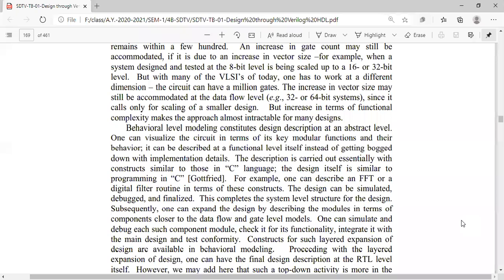What we can see here is that after doing all this, it completes the system level structure of the design. We will design one content and that can be used multiple number of times. That is what we have seen in the structural modeling of VHDL also.